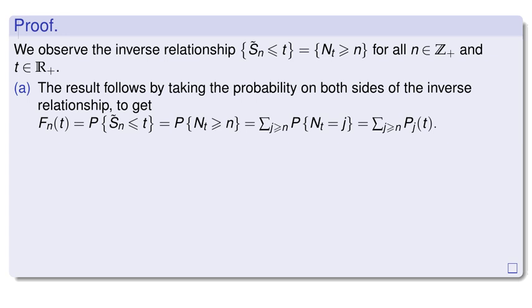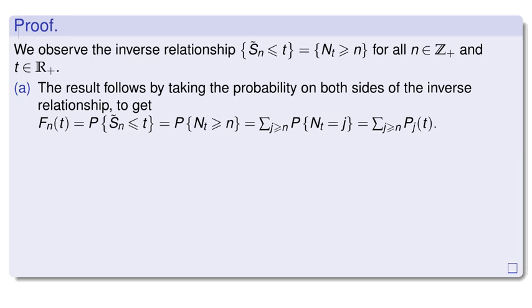A, the result follows by taking the probability on both sides of this inverse relationship. F_n of t equals the probability that S_n tilde is less than or equal to t, which is the probability that N_t is greater than or equal to n.